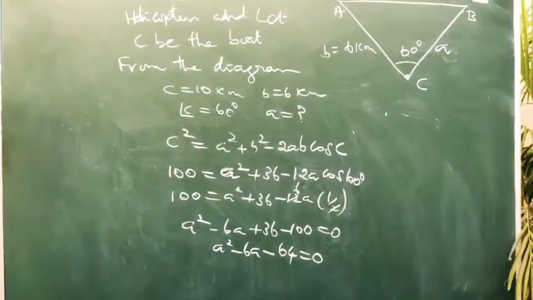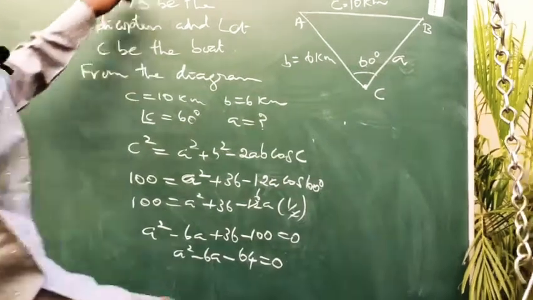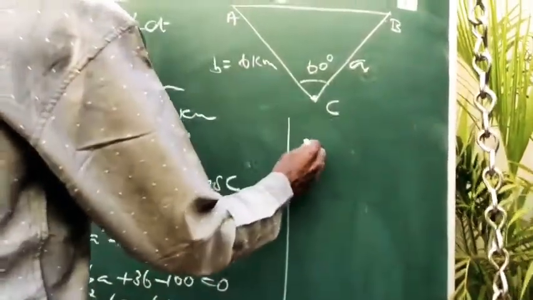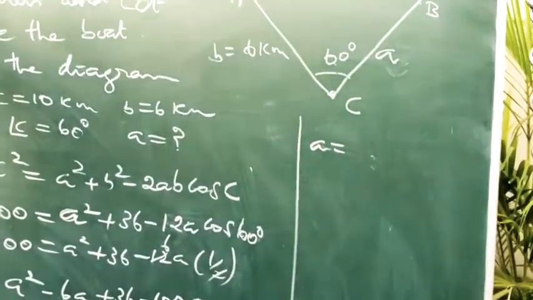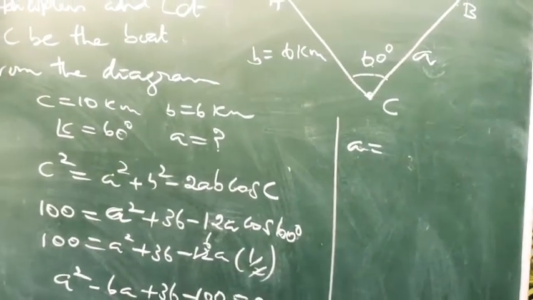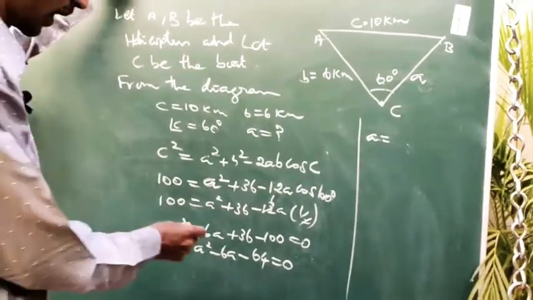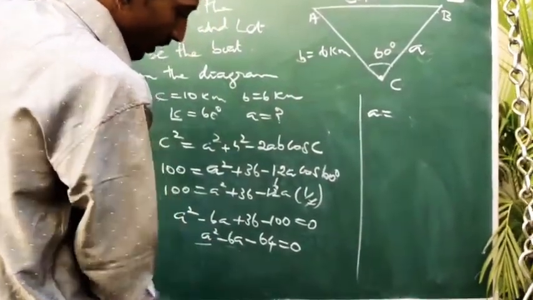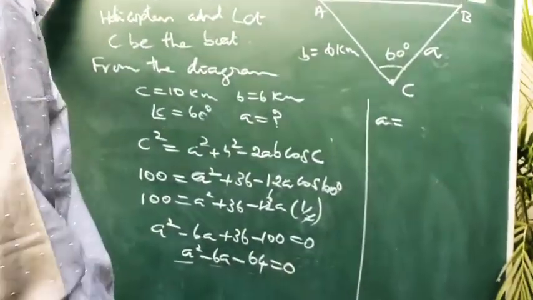So we can't factorize it. So apply the formula for the solution of a quadratic equation: a equal to minus b plus or minus root of b square minus 4ac by 2a. So a is 1, b is minus 6, c is minus 64.